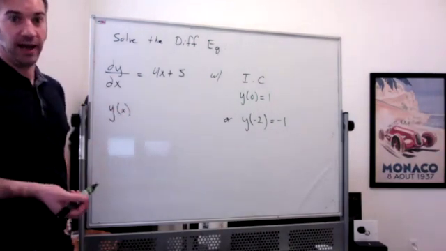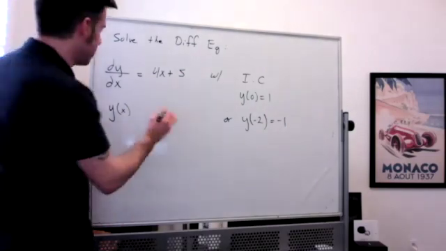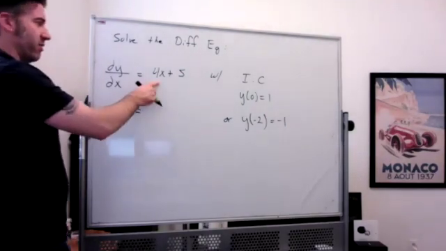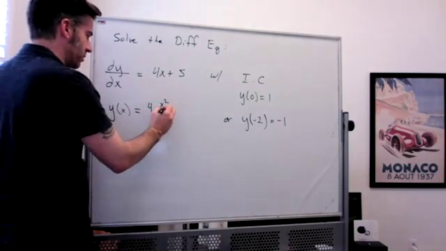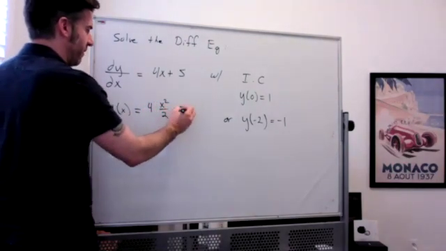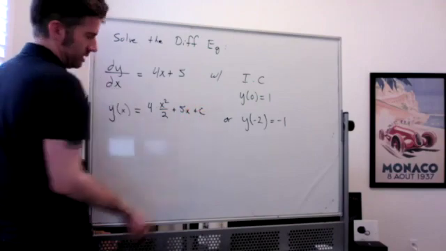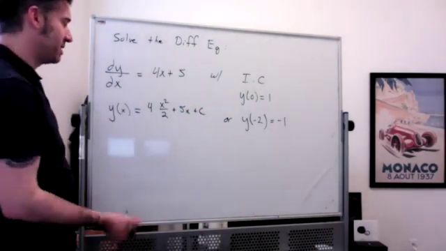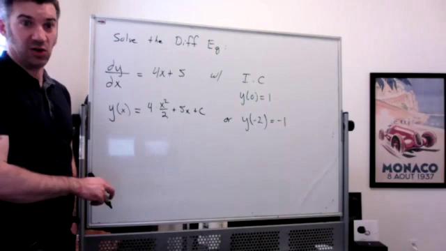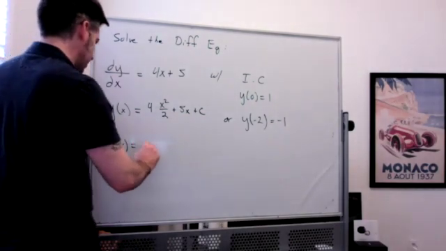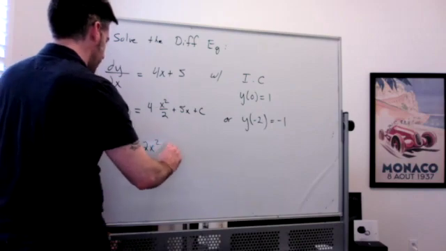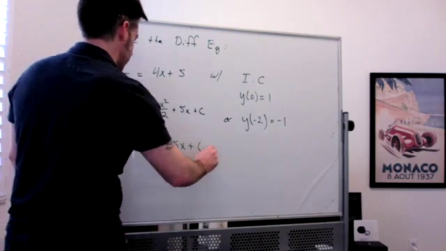Sometimes we like to write y as a function of x, equal to the antiderivative. So the antiderivative is going to be 4 times x squared over 2 plus 5x plus c. And I would probably simplify this and just write that as 2x squared. So y as a function of x is 2x squared plus 5x plus c.